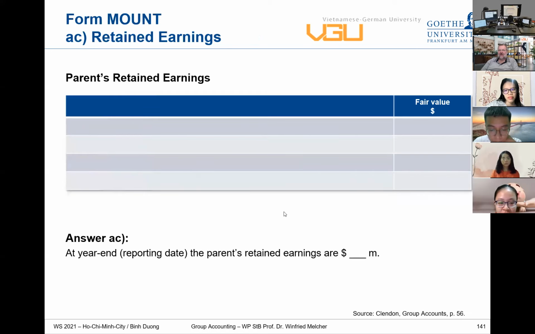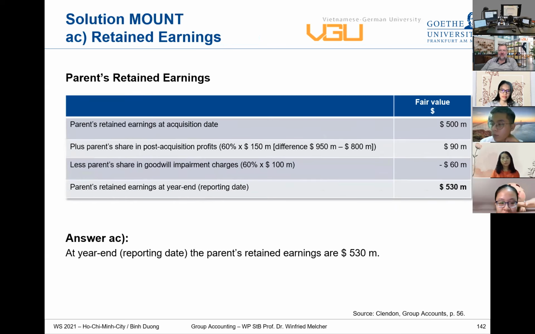AC was the question: what are the retained earnings for the parent or for the majority shareholders? Well, they start with retained earnings at acquisition date of 500. Then we have to do the same thing as we did for NCI. We will look at the post-acquisition profit.